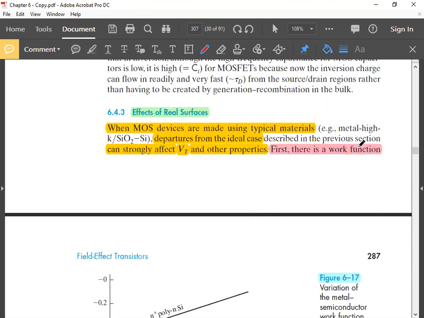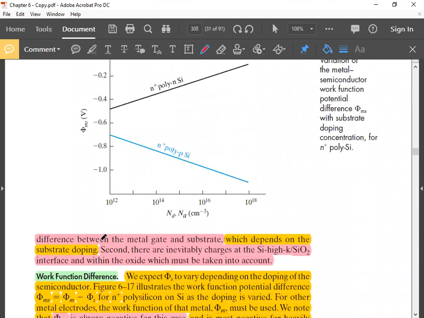First, there is a work function difference between metal gate and substrate. In the ideal case we assume q phi m is equal to q phi s, that means metal and semiconductor have equal work function. That is one assumption, but in the real scenario, that will not be the case.